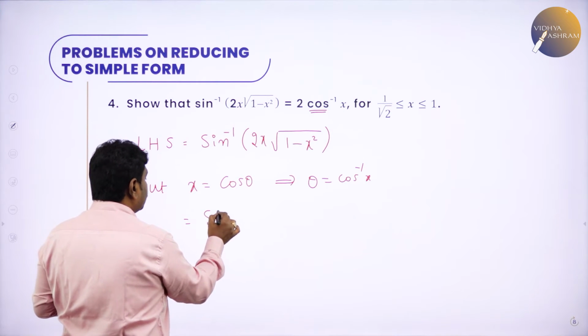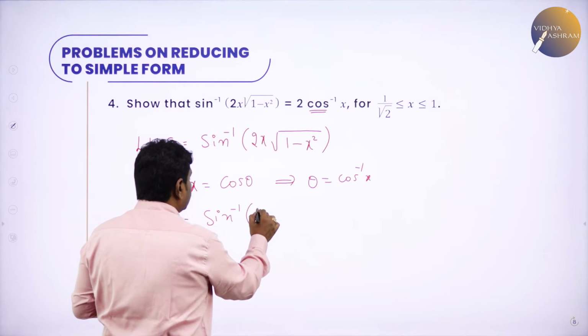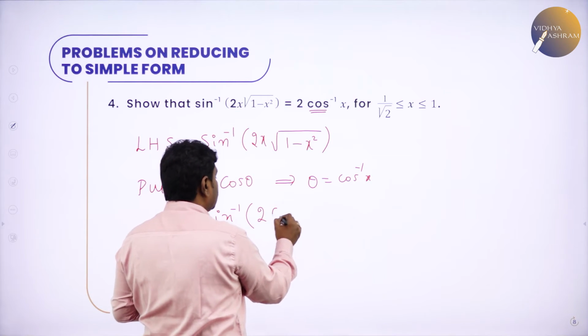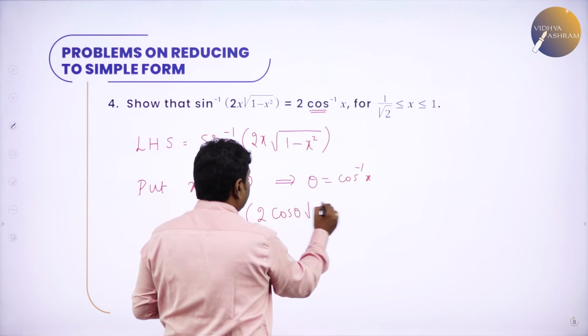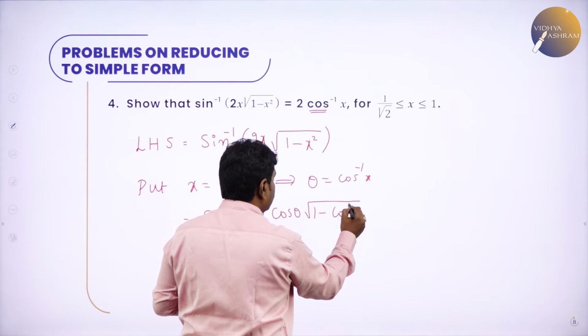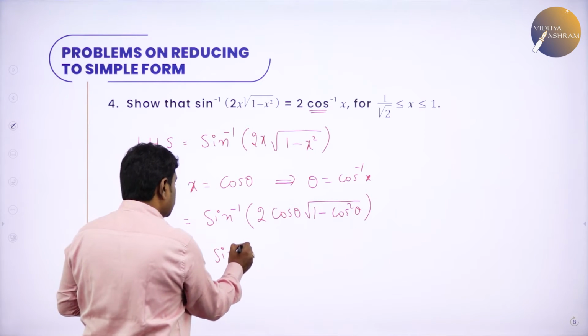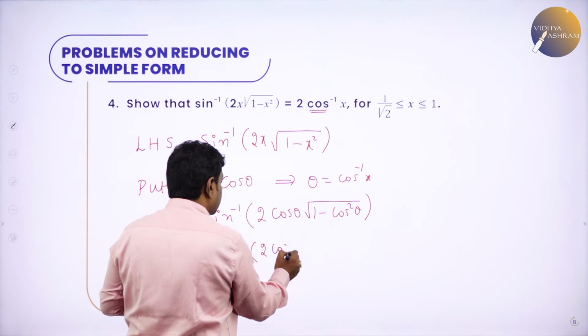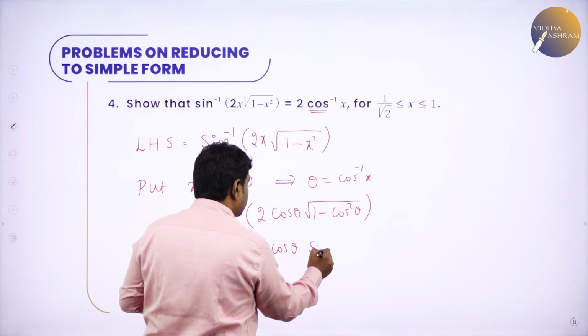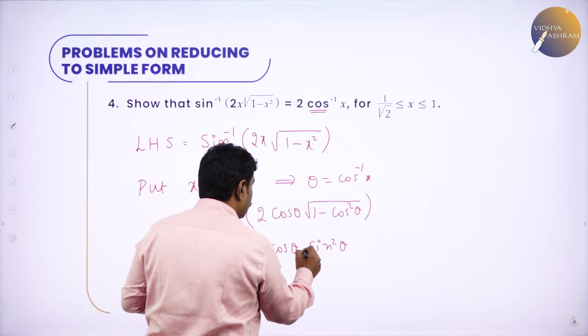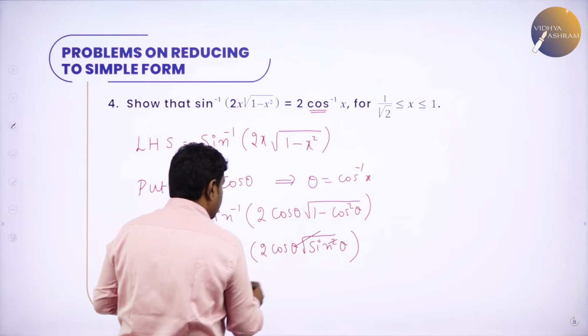So sin inverse of 2 times, what is x? Cos theta into root of 1 minus cos square theta. Further, sin inverse of 2 times cos theta into root of 1 minus cos square theta, which is sin square theta under root. So the square root cancels.